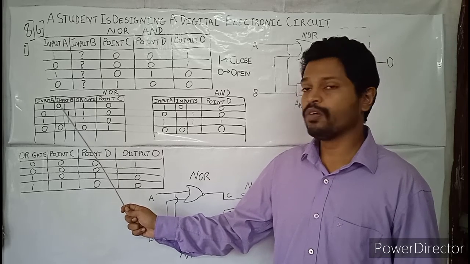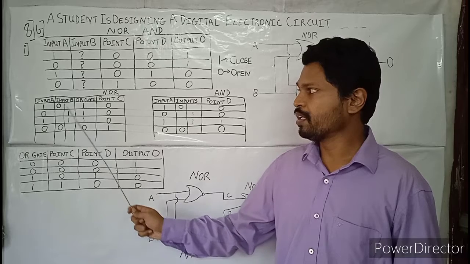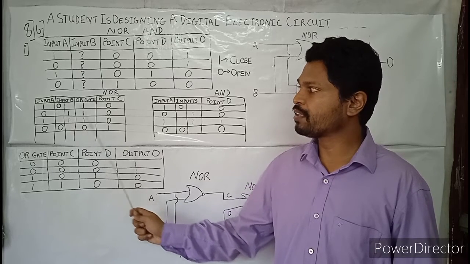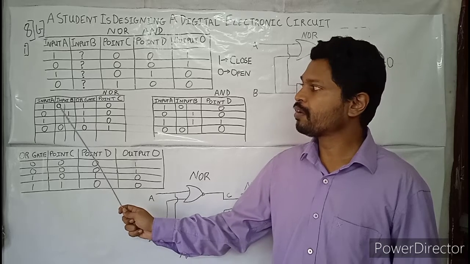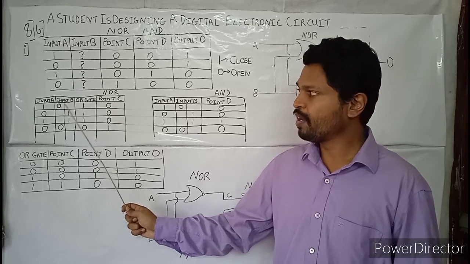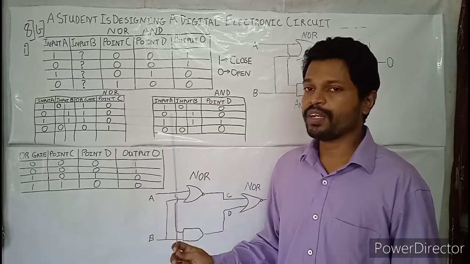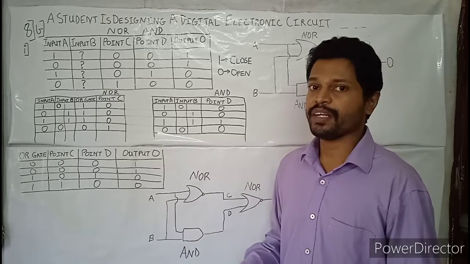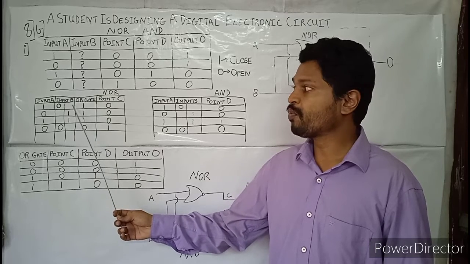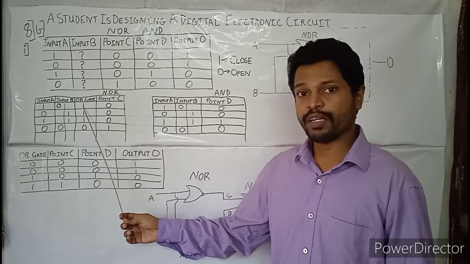Why we have put 0, I'll explain shortly. Right now, even if you put 0 over here, the answer will be 1. Take it for granted for now. Why we have put 0, I'll explain when I explain the AND gate. So we have taken 0 over here. We can put 1 also, the answer will be 1 itself.